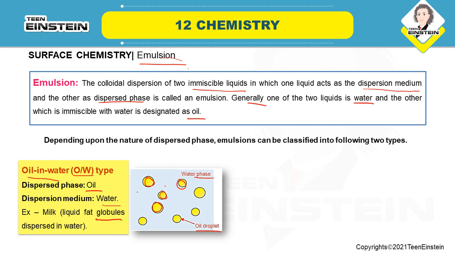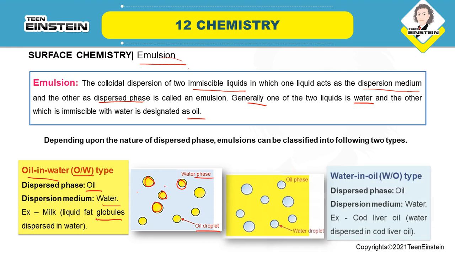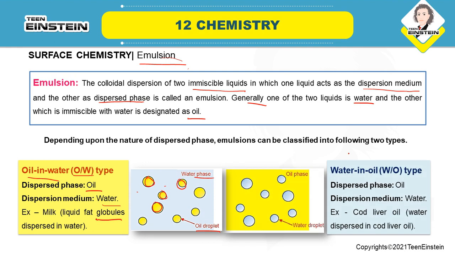If this is one type, the other type will obviously be the reverse, that is water in oil. Now water will be present in lesser amount and oil in higher amount. So in water in oil, the dispersed phase is water and it is the reverse.